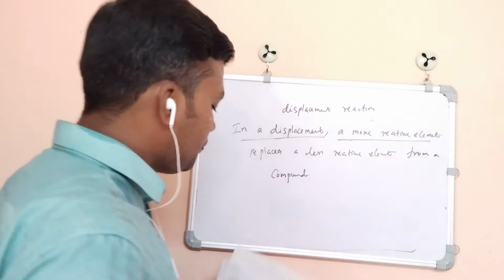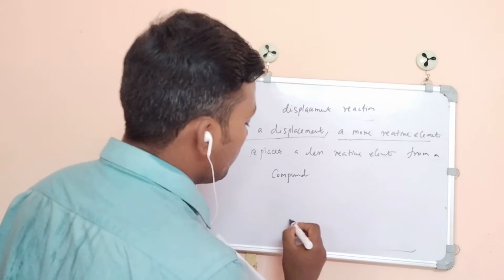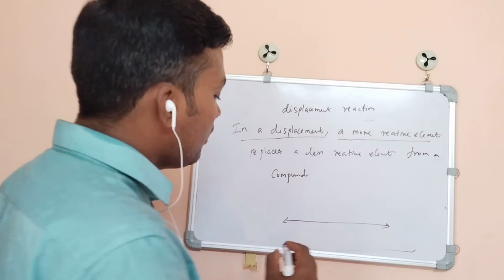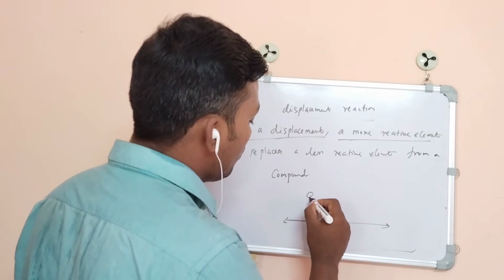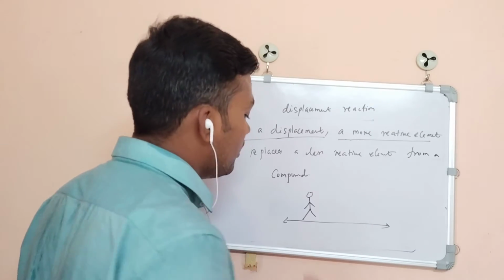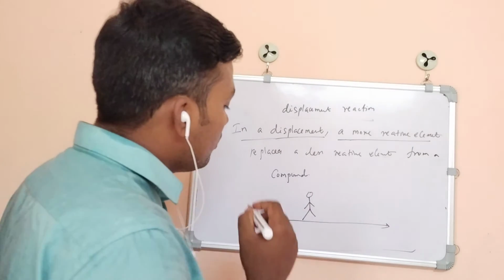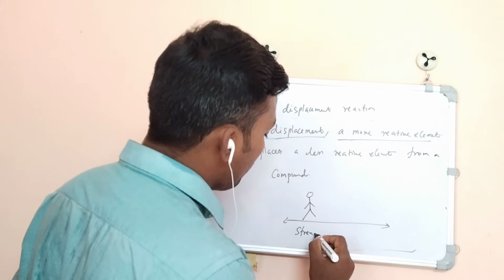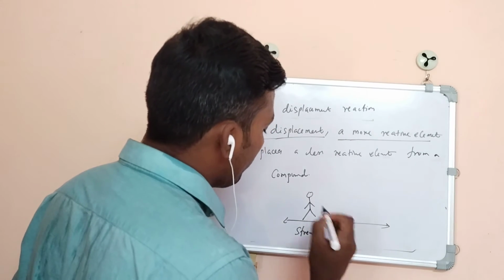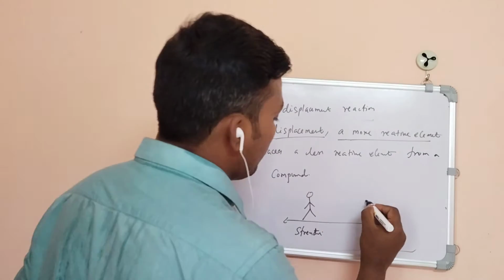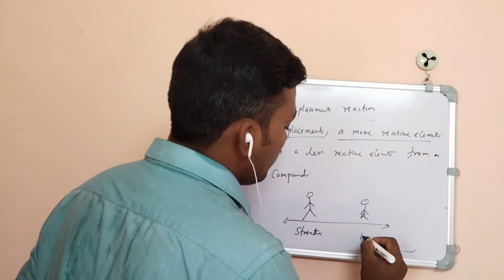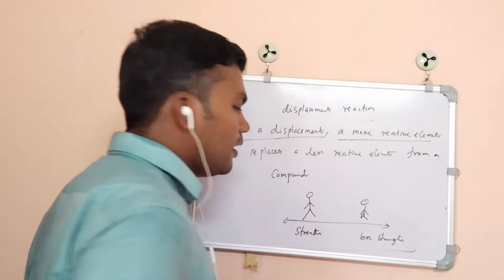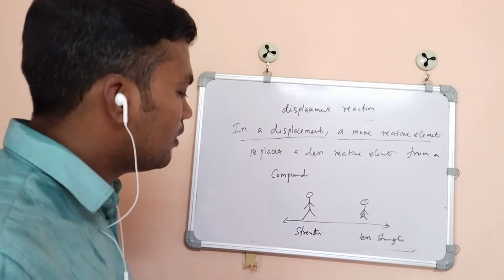For example, I will give some examples. There are two guys standing. This is one guy standing here. This guy has more strength, and the other guy has less strength.